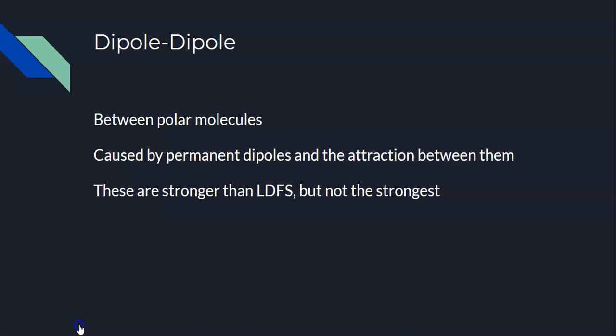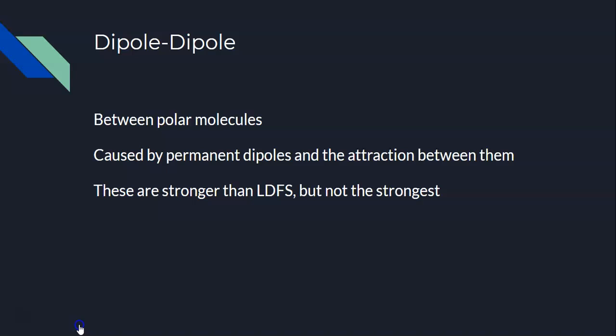And this happens between polar molecules. And these dipoles are going to be permanent. So the electrons are going to really stay on this side more, and we're going to have that attraction again. So a positive side is going to be attracted to a negative side of another molecule, and they're going to come together. They're stronger than London dispersion forces, but they're not the strongest.